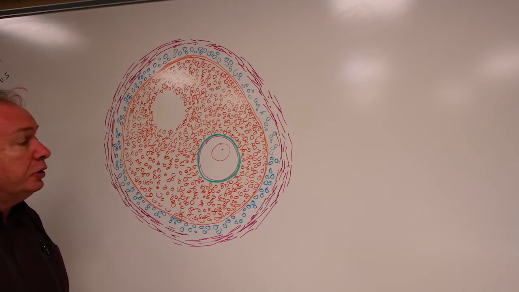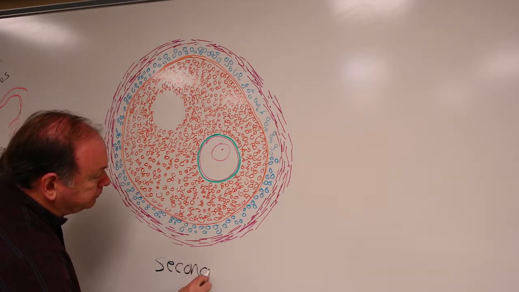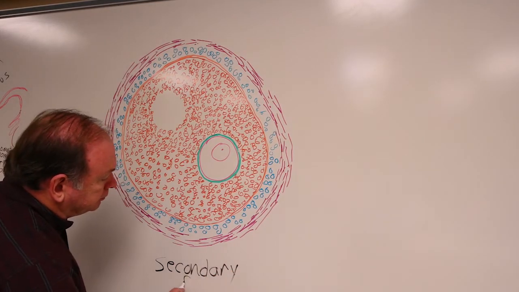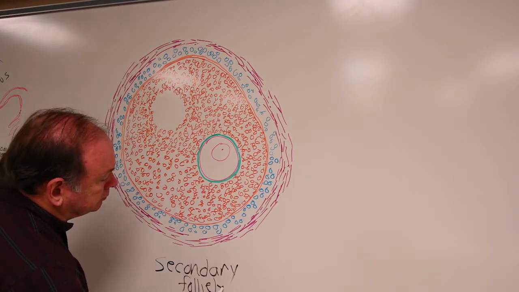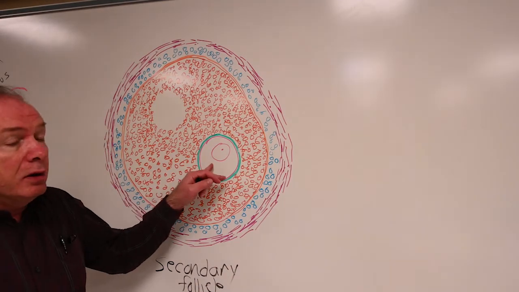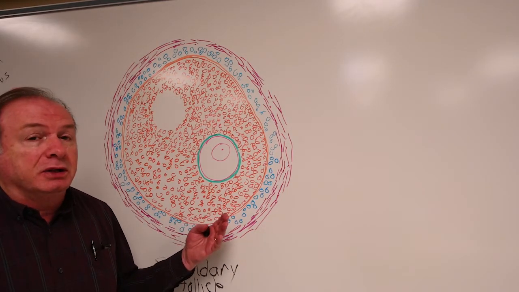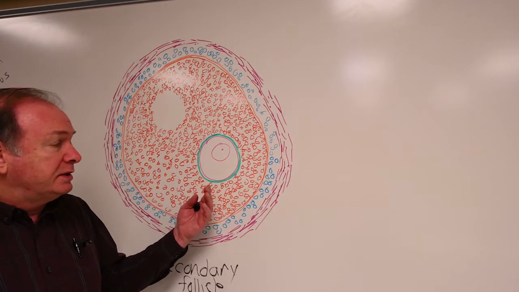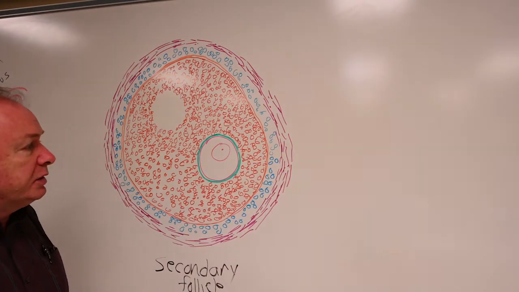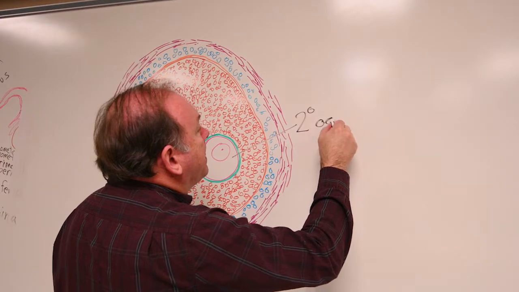So now we're on to a secondary follicle. This is secondary. A secondary follicle, the oocyte has progressed from a primary oocyte stage to a secondary oocyte as well. So now we have a secondary oocyte.